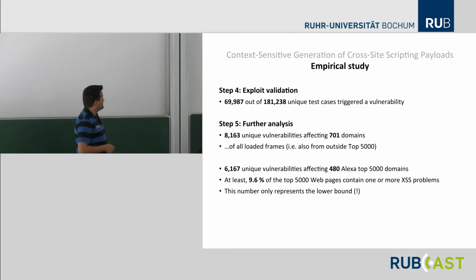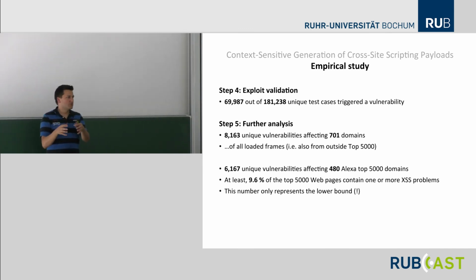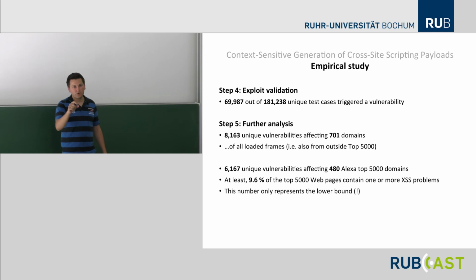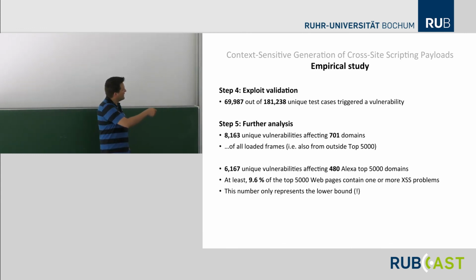So we tried to have some uniqueness criterion. We checked where exactly the function was. For example, we used line numbers and column numbers to determine if this is the same exploit. Using our uniqueness criterion, we found 8,000 unique vulnerabilities in about 700 domains.